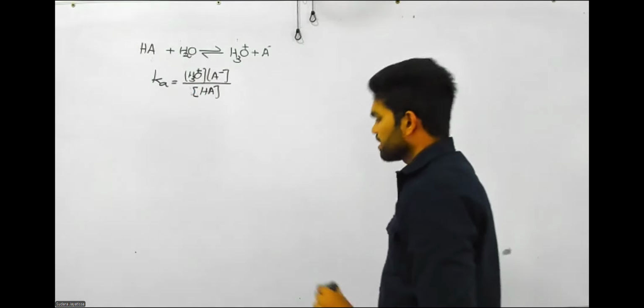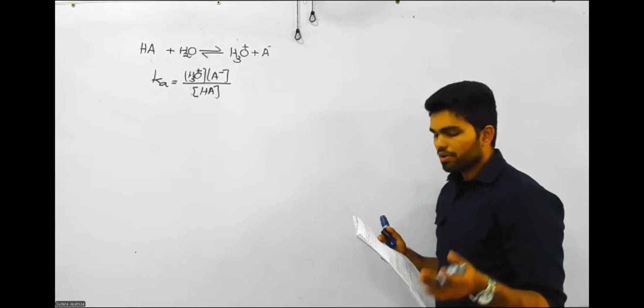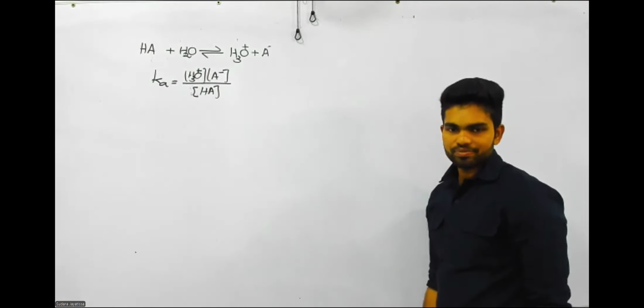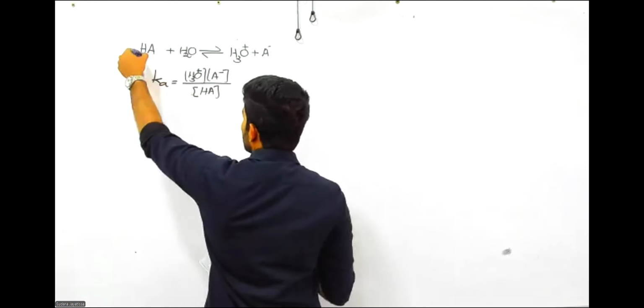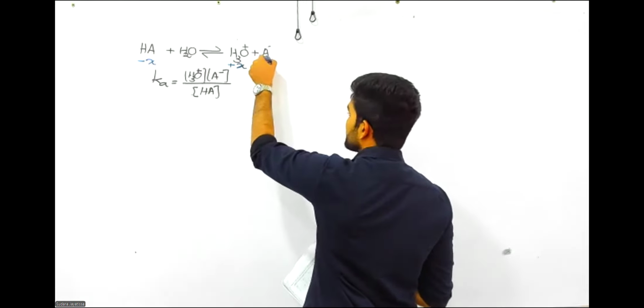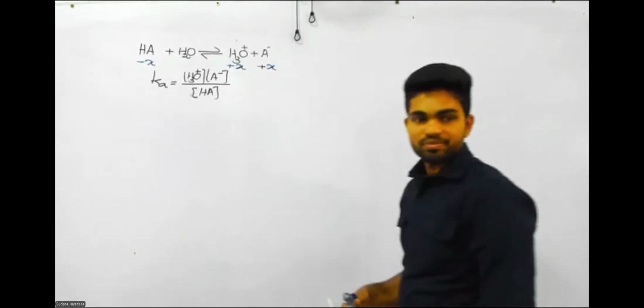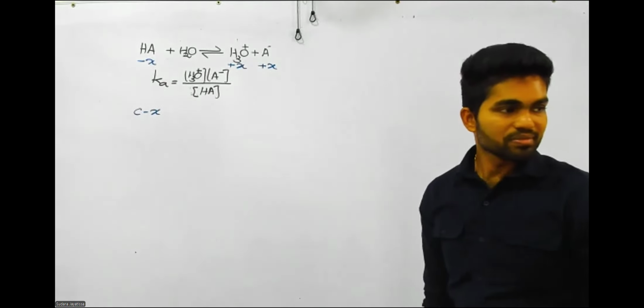Now it says amount of acid dissociated and amount of acid undissociated. If you apply the ICE method to this one, the dissociated amount is x, remember, and it will give you x of this and x of this. Then the amount of undissociated is what? That is c minus x remaining at the end.